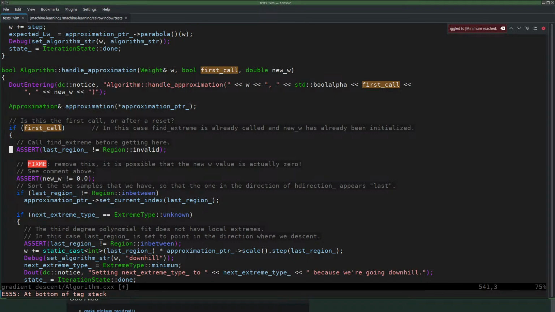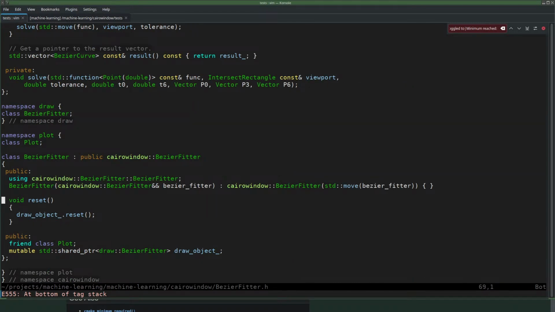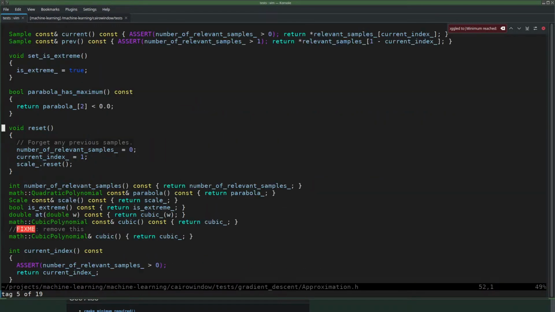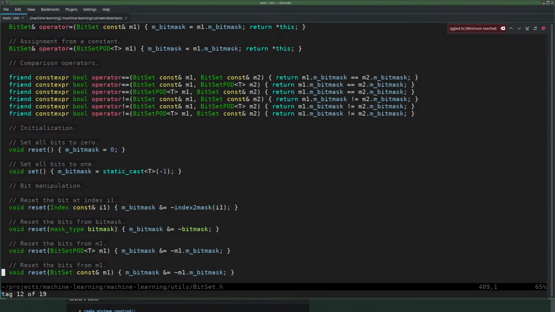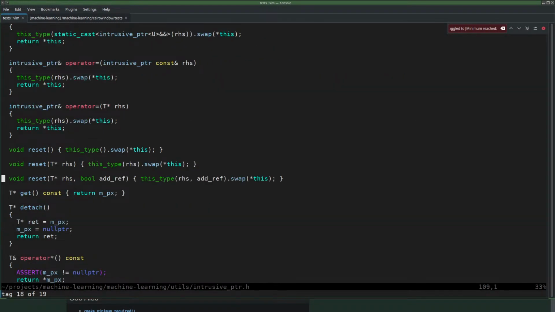But it should be safe to call reset though. Let's see, a reset on algorithm. So no reset on algorithm.